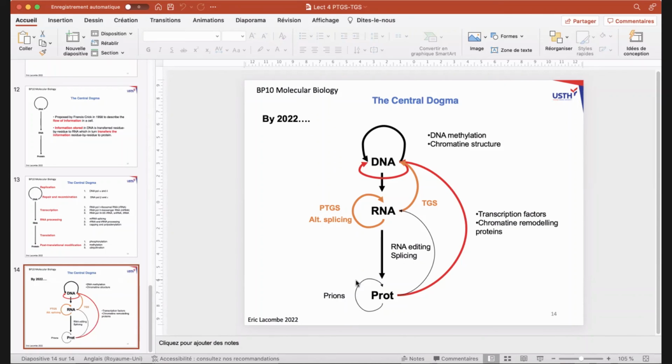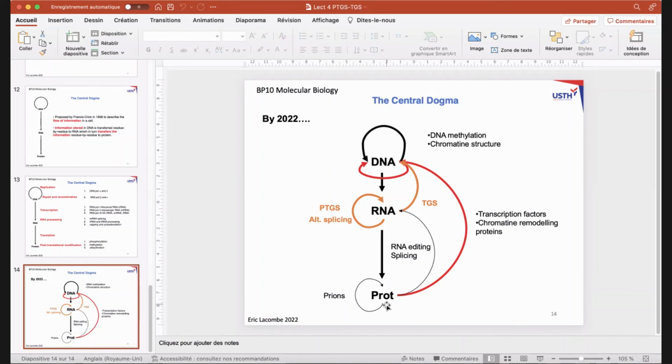This is why I put a loop in terms of information, because it is the information stored in the secondary structure that is transferred to the other secondary structure. We didn't see it because it's the protein world. But you understood what I mean?